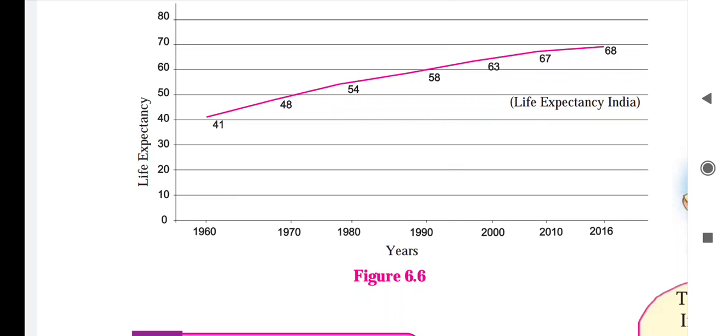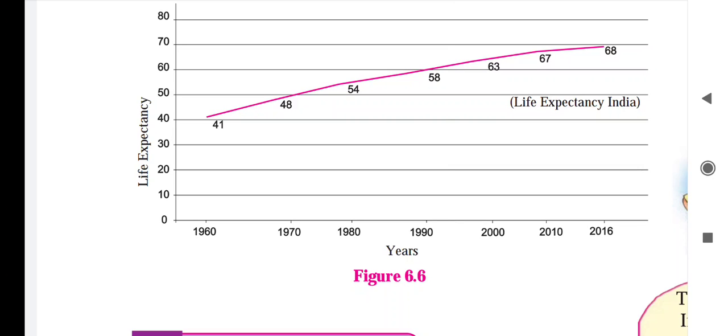So there should be good civil hospitals, and the government should take care of them and provide whatever is required from time to time. Then the life expectancy of the people will increase.